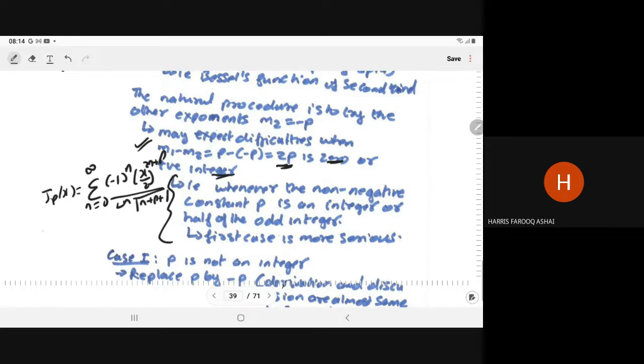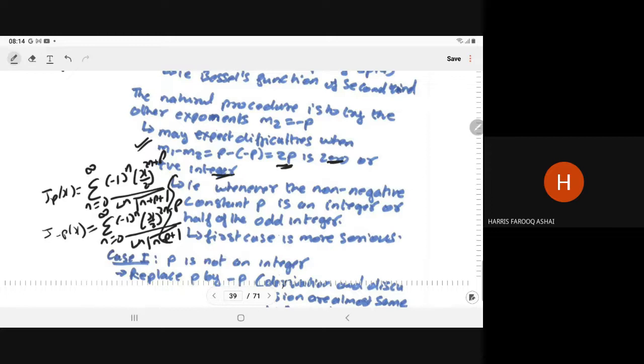So if you have to write the second linearly independent solution, J of minus p, wherever we have p, you replace it with minus p. So it becomes the summation n equal to 0 to infinity, minus 1 to the power n, x by 2 to the power 2n minus p, upon factorial n gamma of n minus p plus 1. That is our second solution.